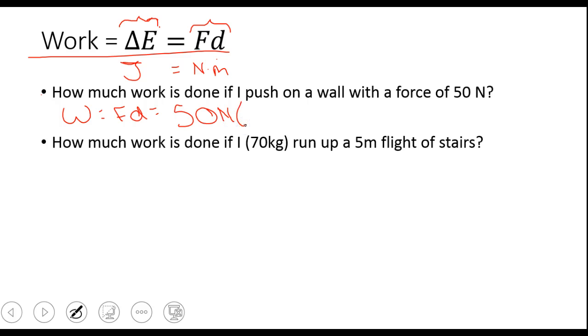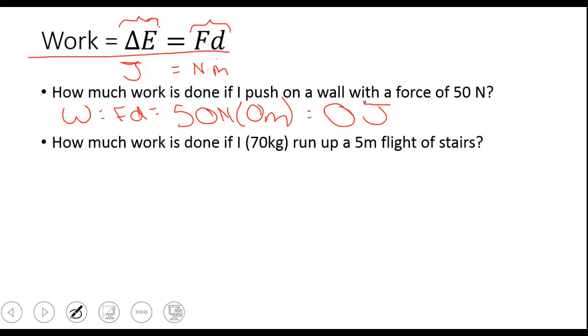And the distance that the wall goes, that's an interesting thing. If I push on a wall, does it move at all? Well, no, it doesn't. Not if it's a decent wall that's worth its muster. So that wall moves 0 meters, which actually means that I've done 0 joules of work.